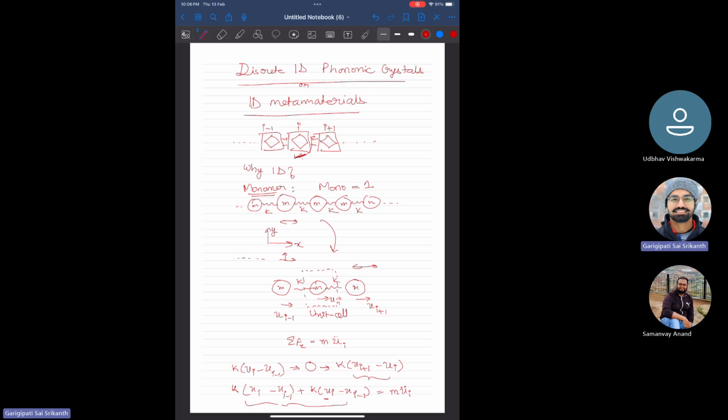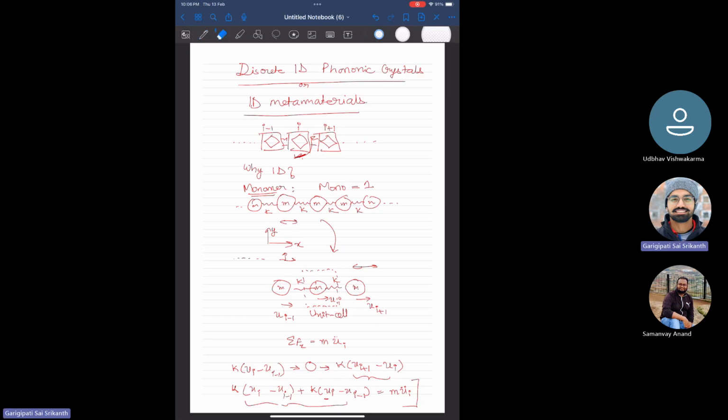So what we did here, as you can see, is that we wrote the equation, the free body diagram, for the particle in the unit cell, which is a monomer, so a single particle. So we have a single equation.